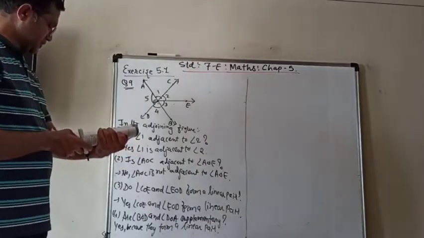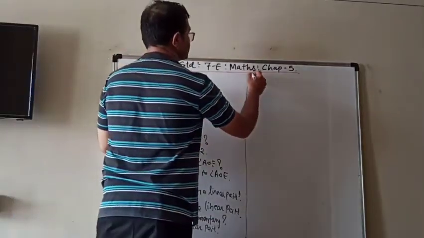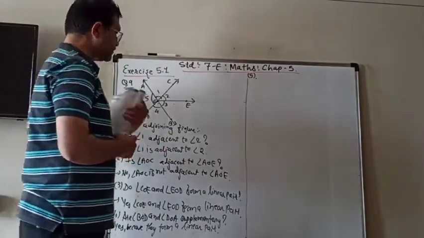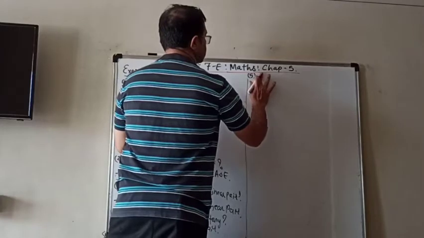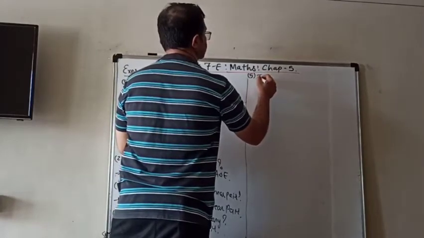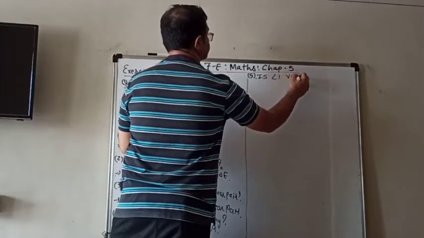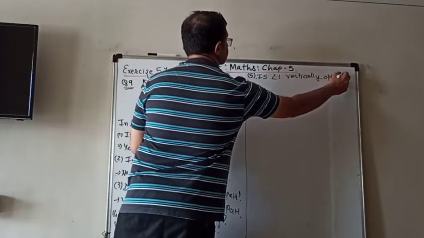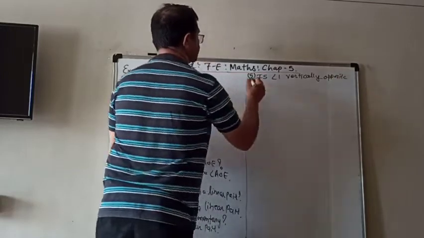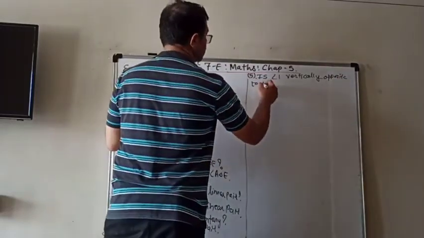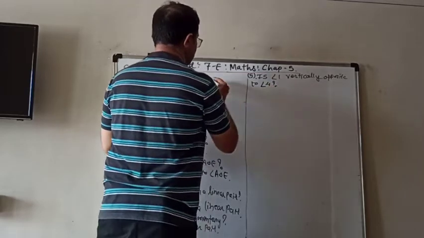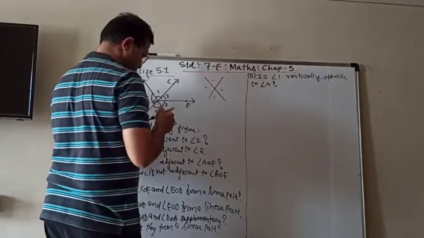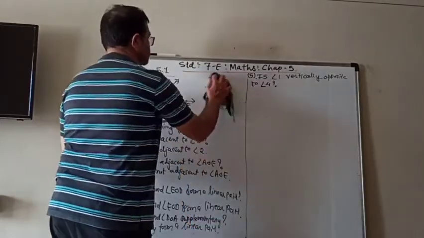Question number 5. Is angle 1 vertically opposite to angle 4? You know that vertically opposite angles means when two lines cross each other, the angles which are opposite to each other.